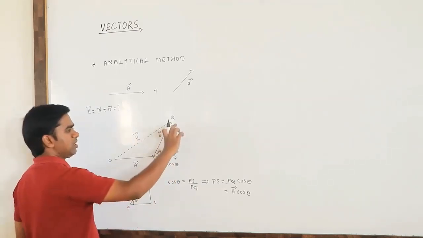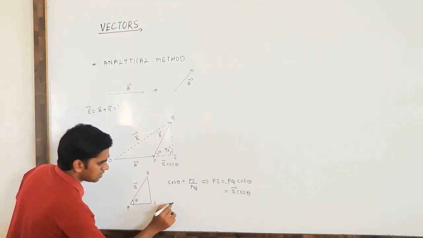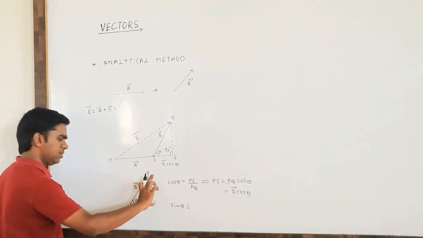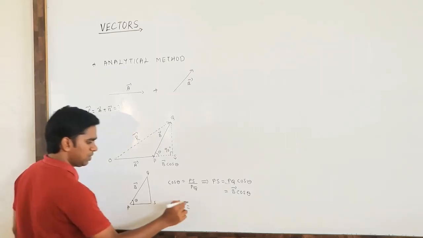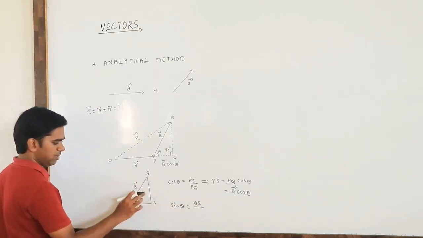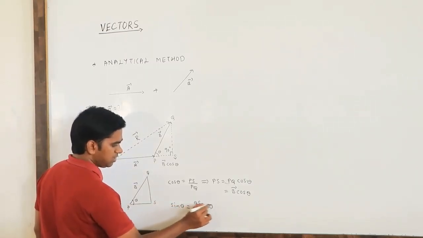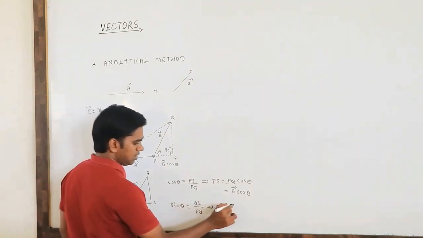What about this one then? You need QS. To find QS, consider sin theta. Sin theta is opposite divided by hypotenuse. Opposite is QS, divided by PQ. What you need is QS, so QS is equal to PQ sin theta.